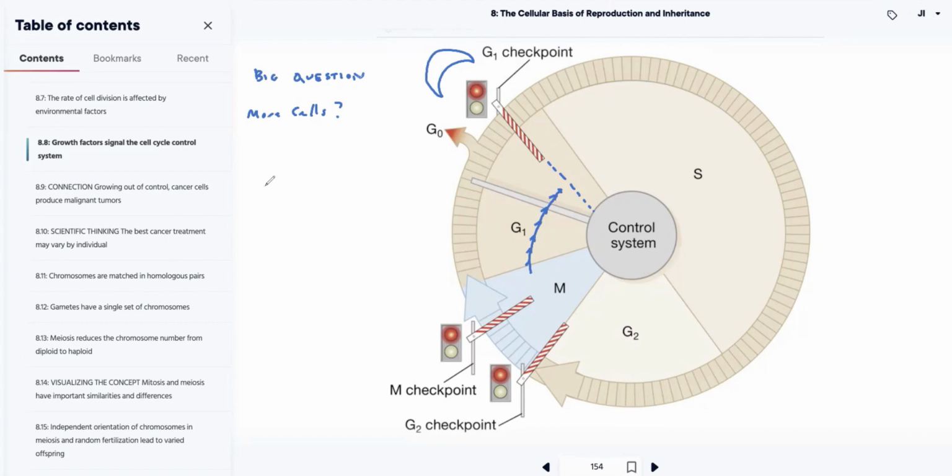For example, in the case of the anchorage-dependent growth that we talked about in the previous video, do we have information that there is additional real estate, additional space that needs to be filled? If that's the case, then sure, keep on going. We need more cells, keep on going, right? If not, okay, then we stop the cell cycle.